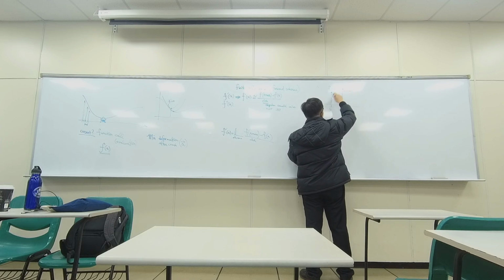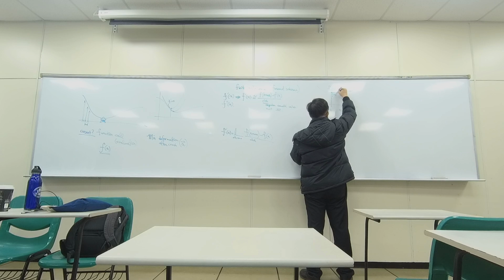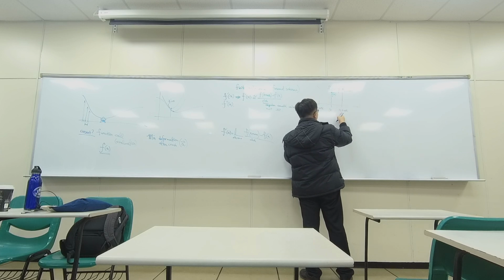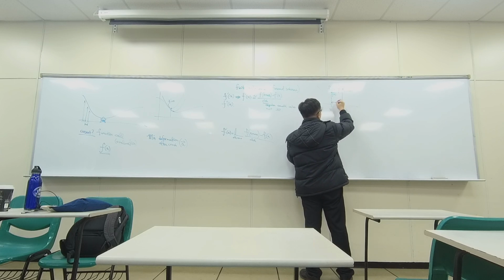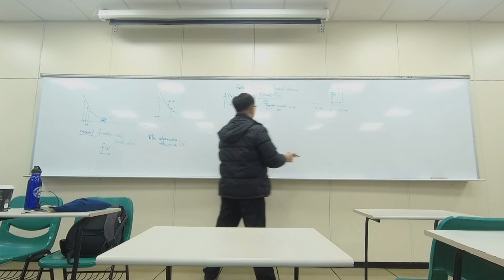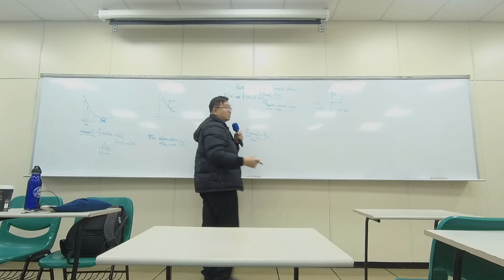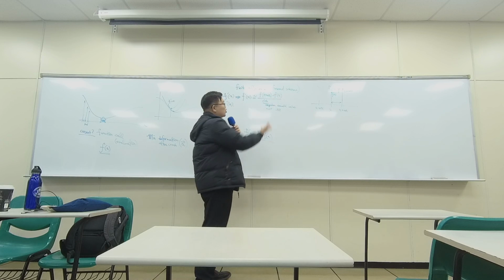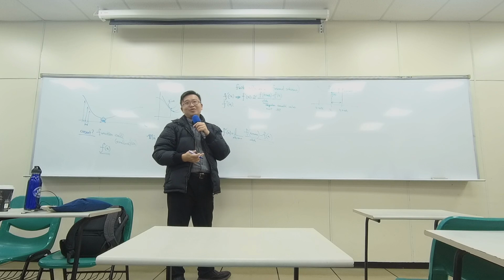This guy minus this guy, so basically the height. And this guy over this guy minus this guy, basically this is the width. So what you're doing is height over width, basically the slope. This is just an estimation of the slope.